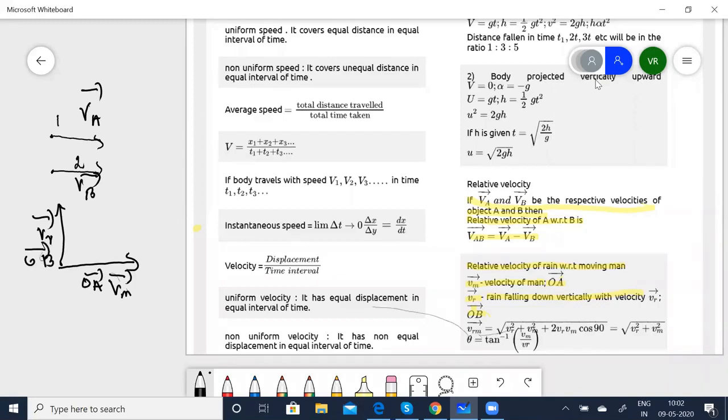So the resultant velocity, the velocity of rain with respect to man, is given by the square root of VR squared plus Vm squared plus 2 VR Vm cos theta. Since the velocities are at 90 degrees, cos theta is 0, so we take it as VR squared plus Vm squared, where tan theta is equal to Vm by VR.